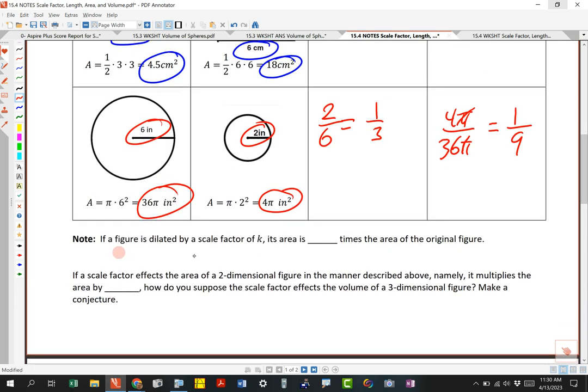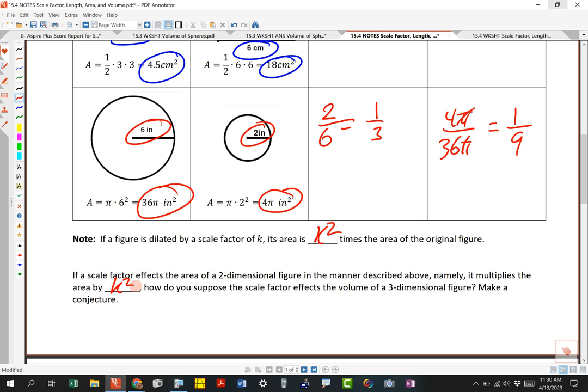So if a figure is dilated by a scale factor of k, its area is k squared. Very good. K squared. Okay. So if a scale factor affects an area of a 2-dimensional figure in that manner described above, namely it multiplies the area by k squared, how do you suppose the scale factor affects the three-dimensional volume of a figure?